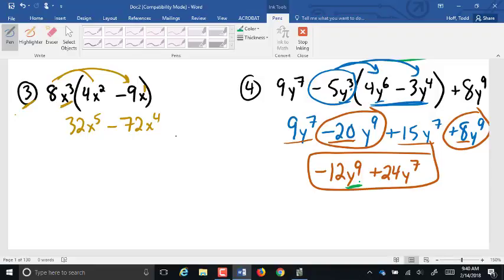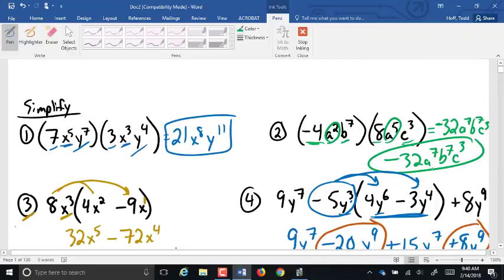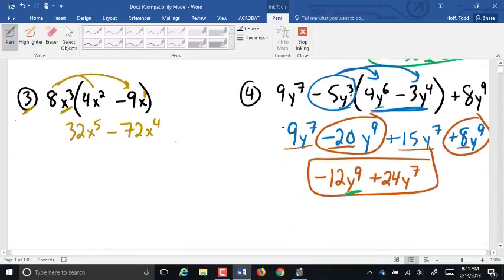Same thing, your larger powers of the variable come first. Kind of like when we do multiple variables like this, it's always more appropriate to list them in alphabetical order. Again, if you don't put them in alphabetical order, it's not wrong. It's just kind of that grammar thing.